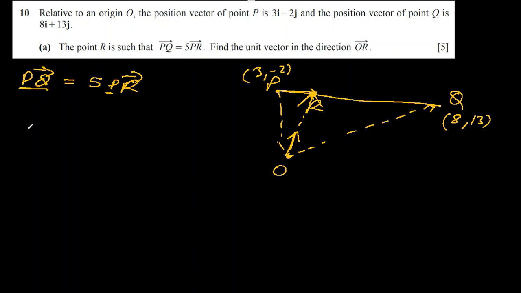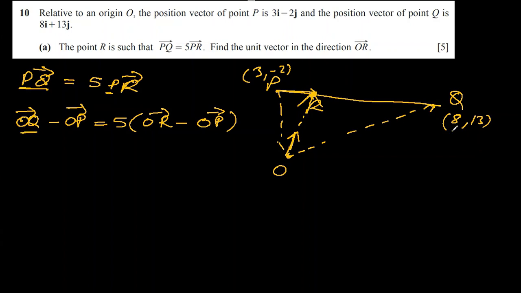So, can I write PQ as OQ minus OP, because the head is at Q and OP is the tail, equal to 5 times (OR minus OP)? Right? So let me write the values I know.